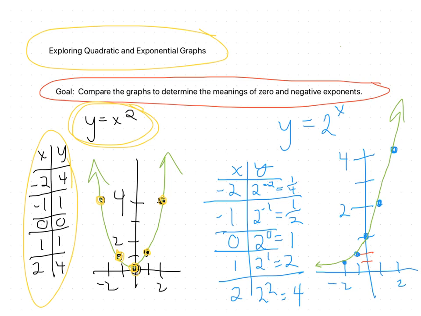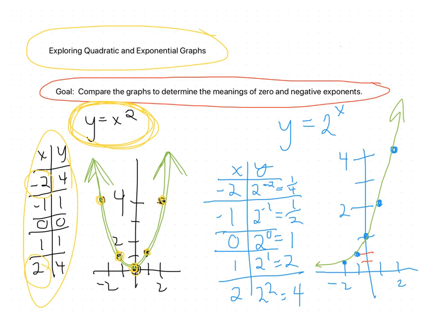Because whether the base is positive or negative, when it becomes squared, x squared, it turns out to be positive. So negative 2 squared becomes positive 4, and positive 2 squared becomes positive 4, and thus the quadratic curve grows upward on the negative side and also grows upward on the positive side.